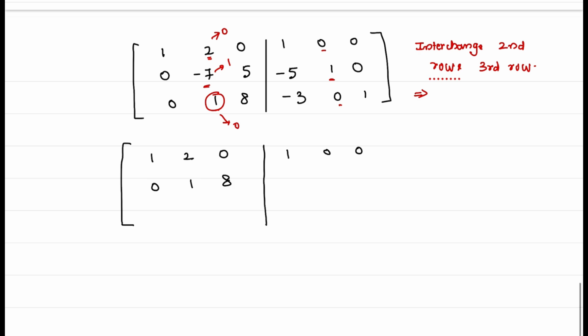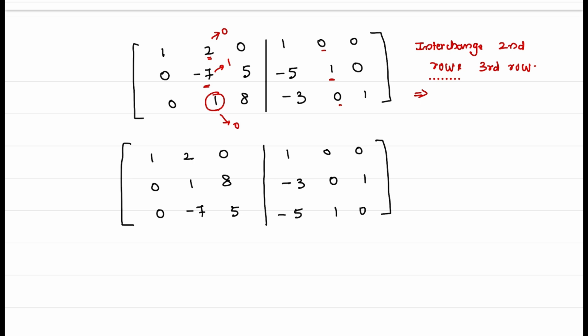Here, minus 3, 0, 1. And the second row becomes the third row: 0, minus 7, 5. Here minus 5, 1, 0. This is the augmented matrix after the interchange operation.